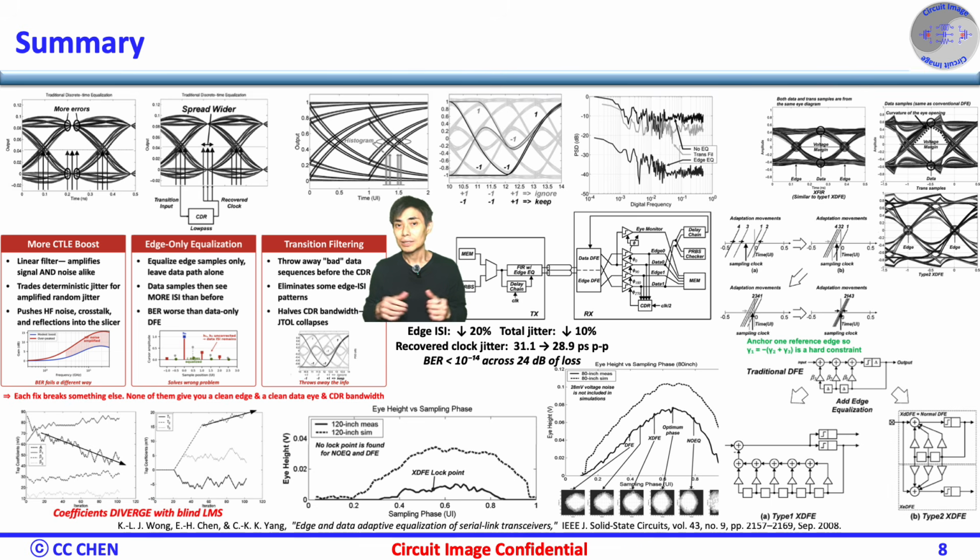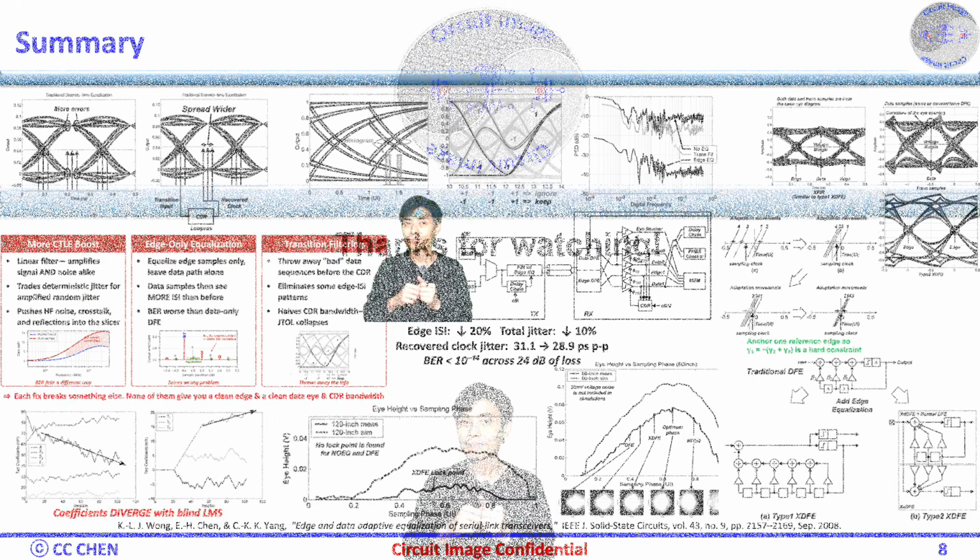For modern high-speed links, at 56 gig and 112 gig, the timing margin is much smaller. So this idea becomes even more important. The final takeaway is simple. Data DFE fixes the eye. Edge DFE fixes the clock. For a high-loss serial link, we need to think about both.